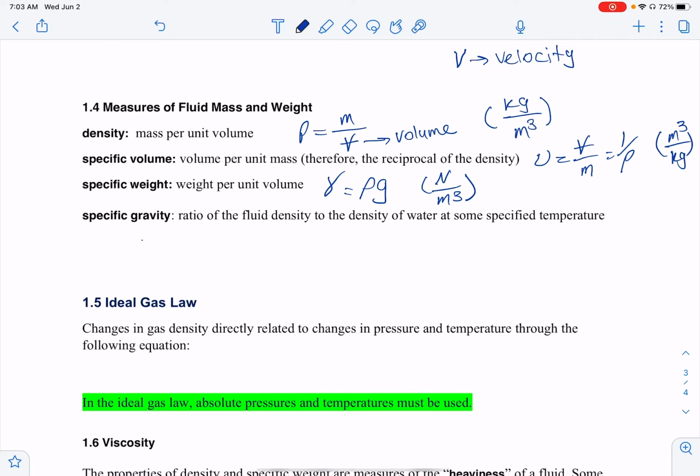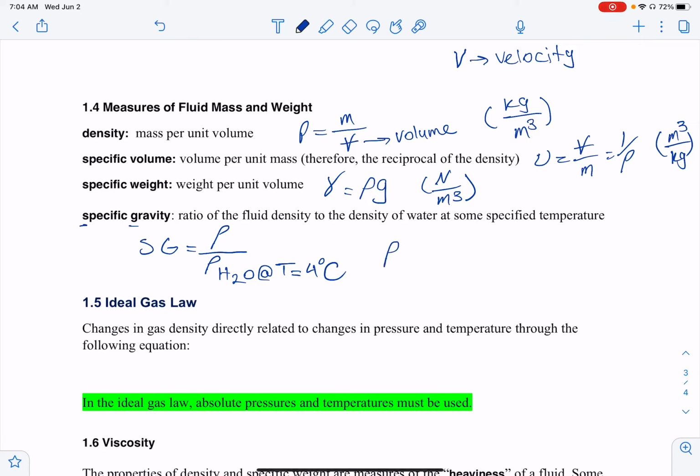For example, G is the symbol of specific gravity, and we have the density of that fluid over the density of the water at a specific temperature, which should be 4 degrees centigrade.